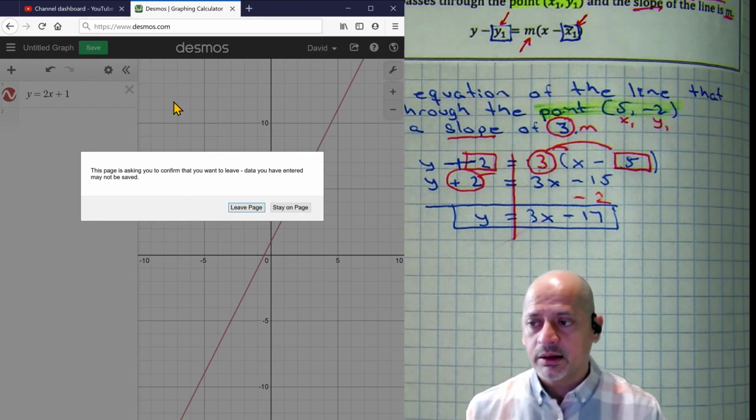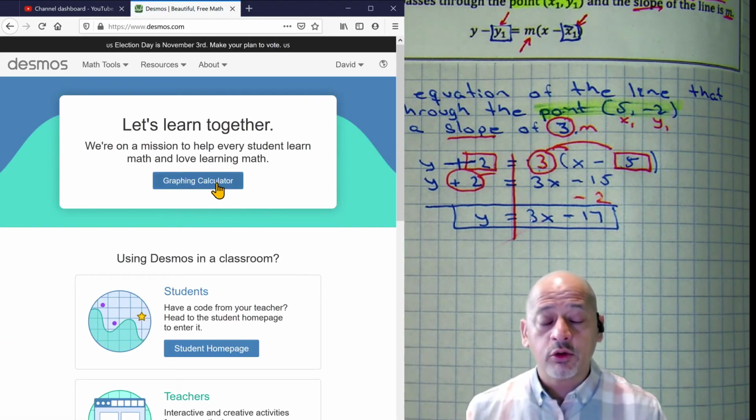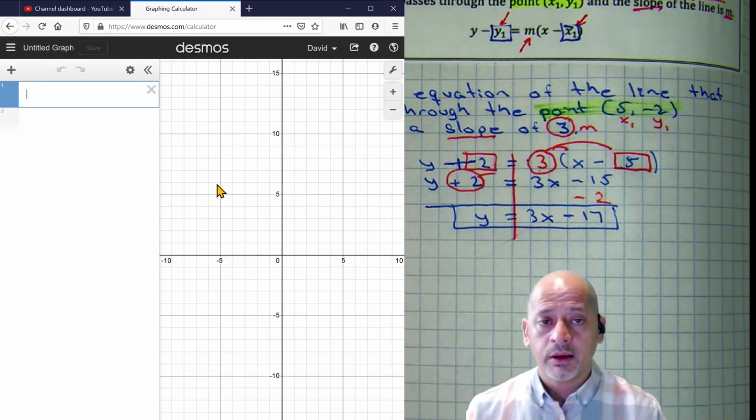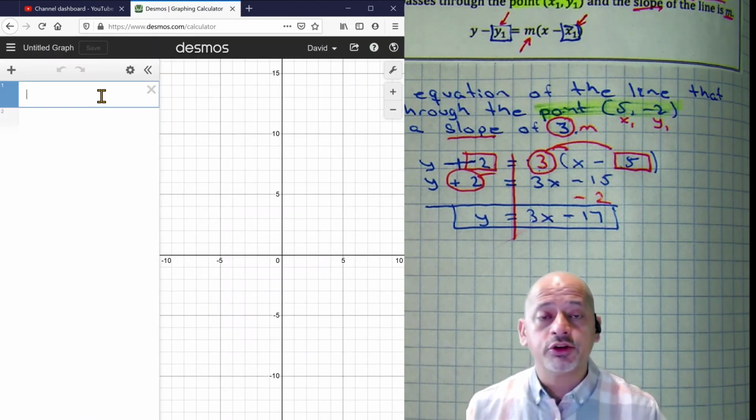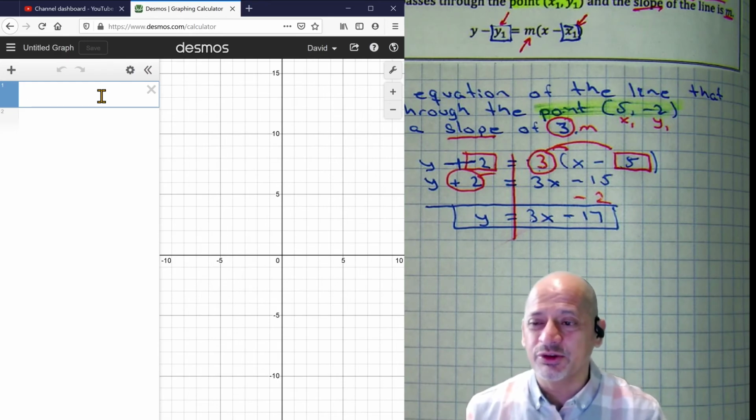Once you click there, I'm going to go and refresh. I'm going to click on Graphing Calculator, and now Desmos has done a really good job at setting up the format. It's very easy to use.